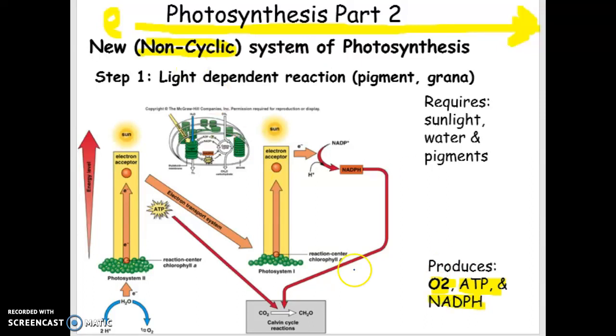Now, you're going to see me refer back to these. NADPH is literally a wheelbarrow that carries electrons, and I can't fit it in there, but they'll also carry hydrogen ions. That should be inside the wheelbarrow.